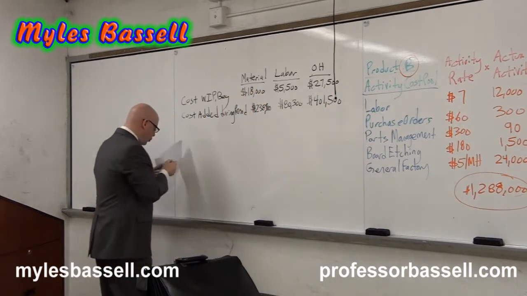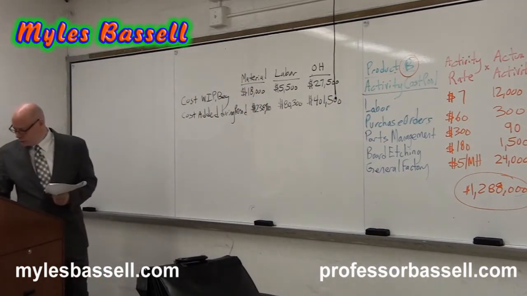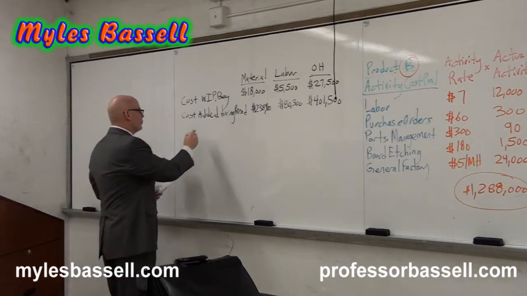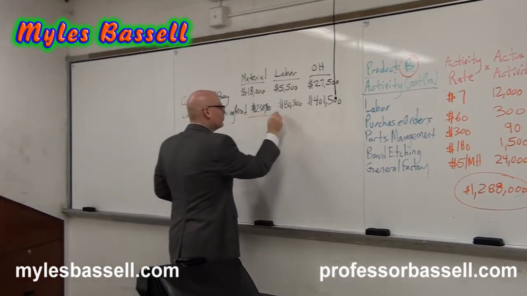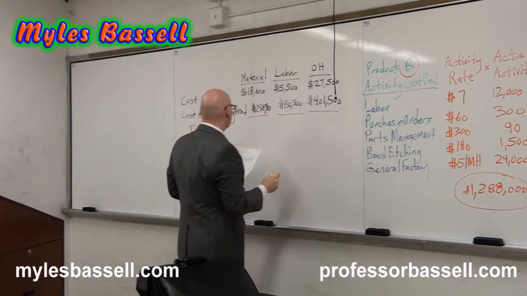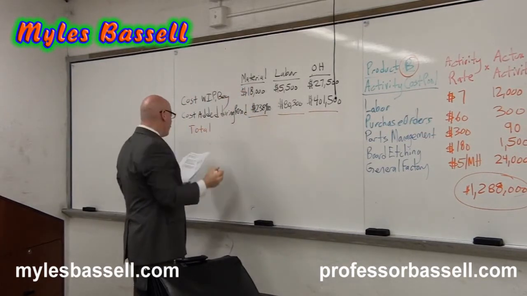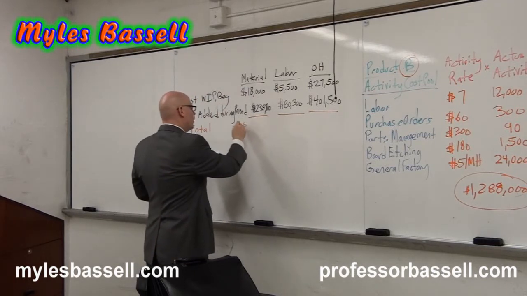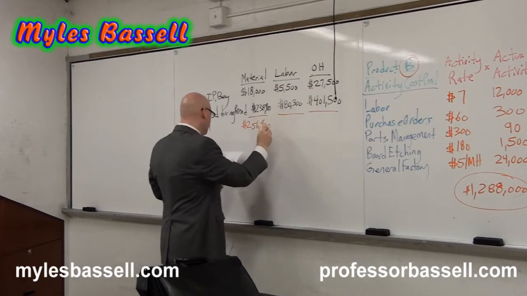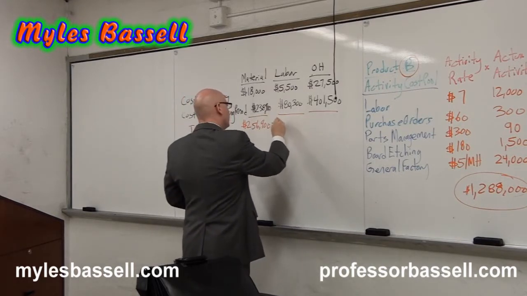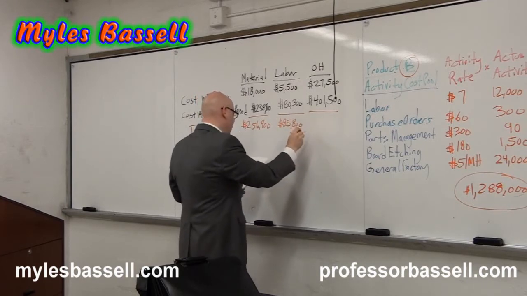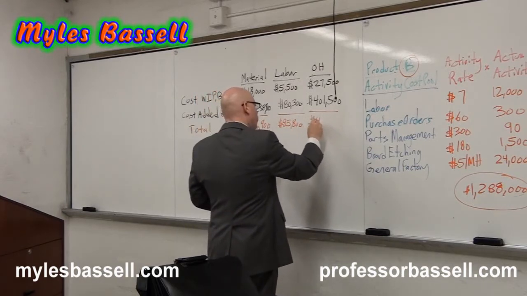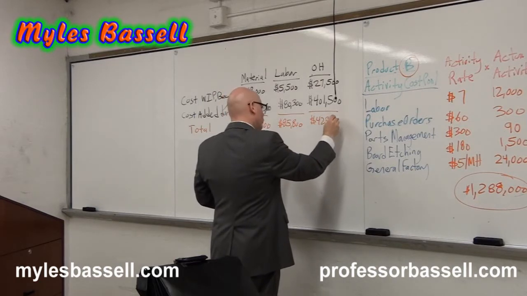So let's figure out what the total is there. So for material, the total cost for the period is $256,900. For labor is $85,800, and for overhead is $429,000.